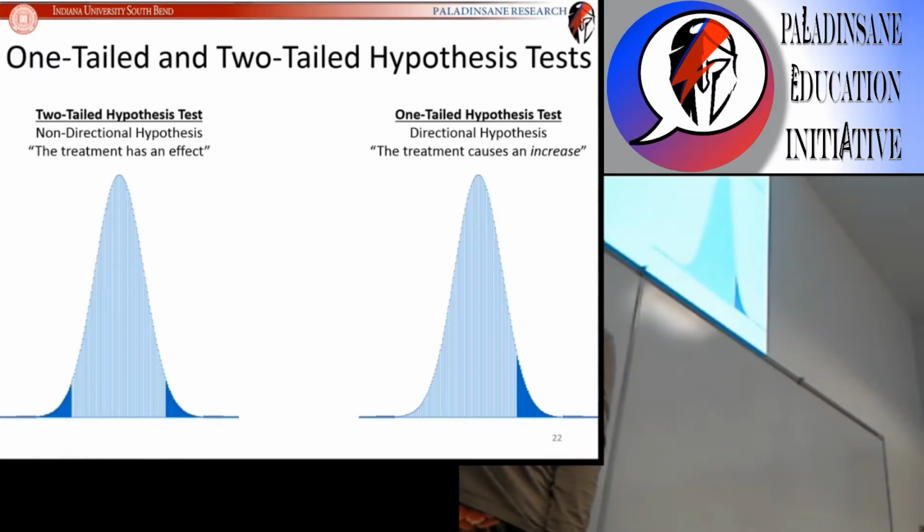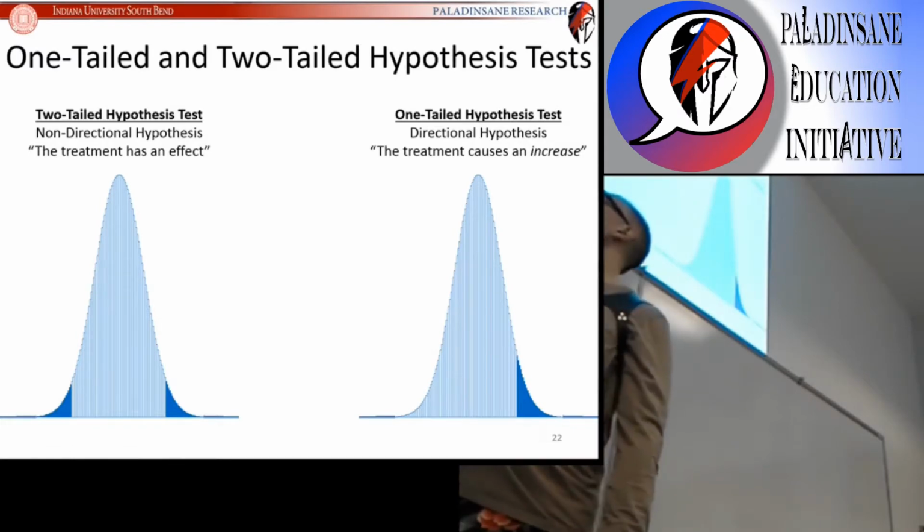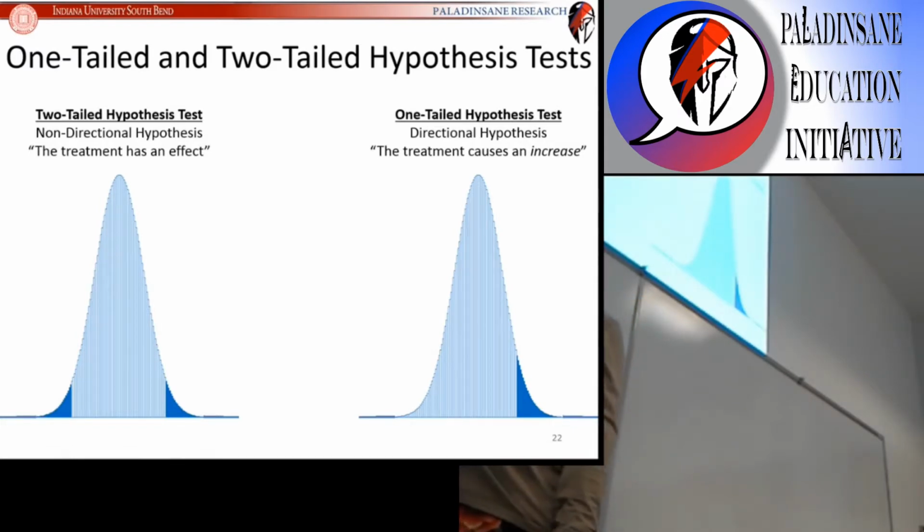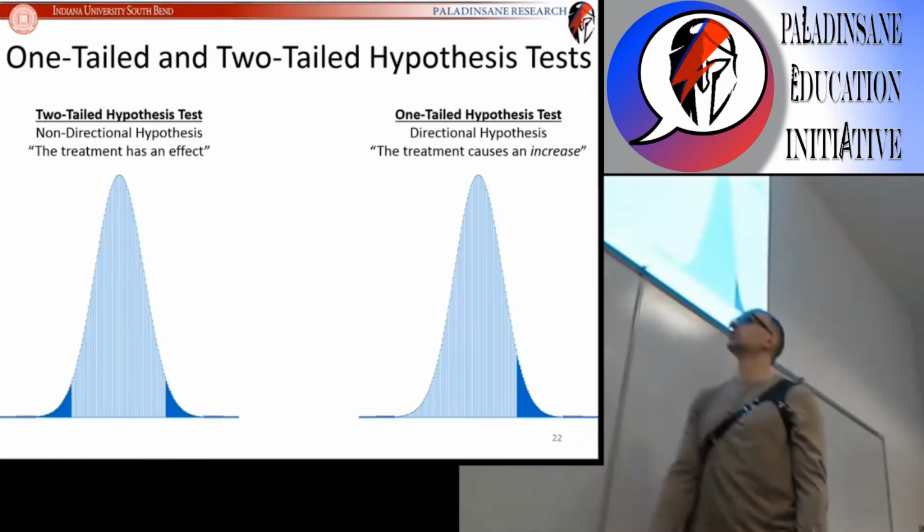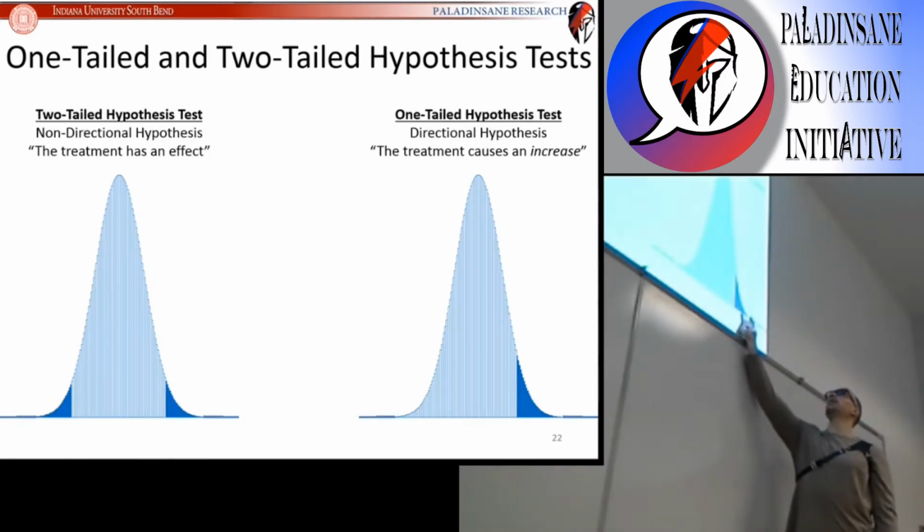We're not interested in this tail over here. So if we have this tail, that means that we're throwing away half of our power in our hypothesis test. We're doing an ineffective test. We're missing the truth when the truth is out there. So what we do is we only put our tail into the side that we're interested in.